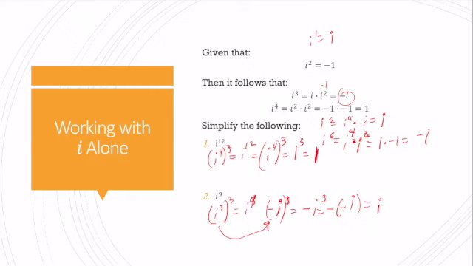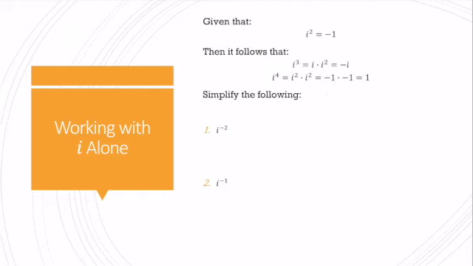So that's something kind of fun to play around with, working with i all by itself, as it does follow this cyclical pattern. Let's go ahead and work through some of these if I was to have negative exponents. Now let's remember that I do not like negative exponents, right?